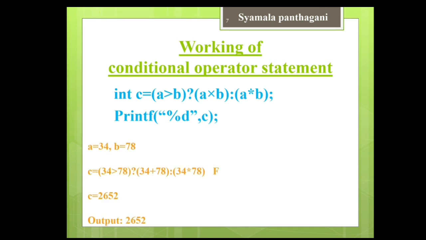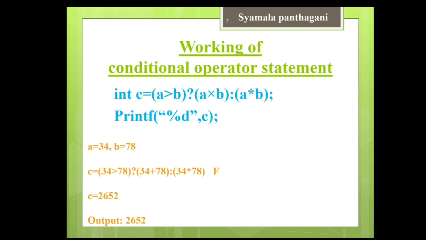If a is equal to 34 and b is equal to 78, give a the value 34 and b the value 78, and substitute them in the conditional operator above. Substituting, we get 34 is greater than 78. Is it true?